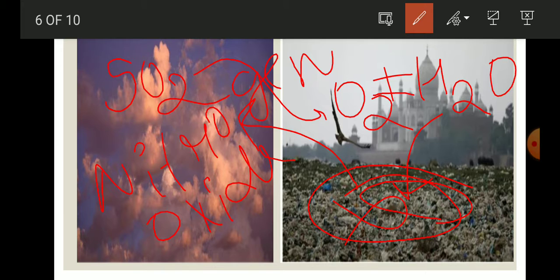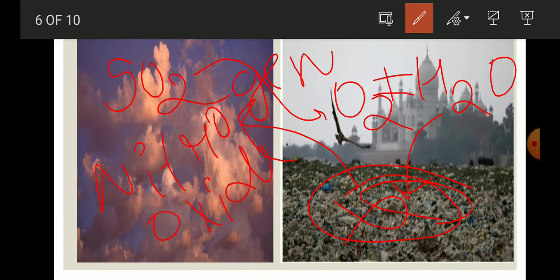So all these gases contain sulfur dioxide or the oxides of nitrogen, and in the presence of air they will form an acid in the presence of water vapor. Okay, so water vapor is also present in our surroundings. So now this will boost the formation of an acid which is known as sulfuric acid.